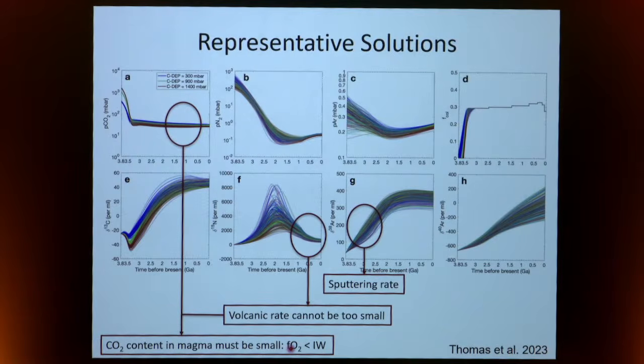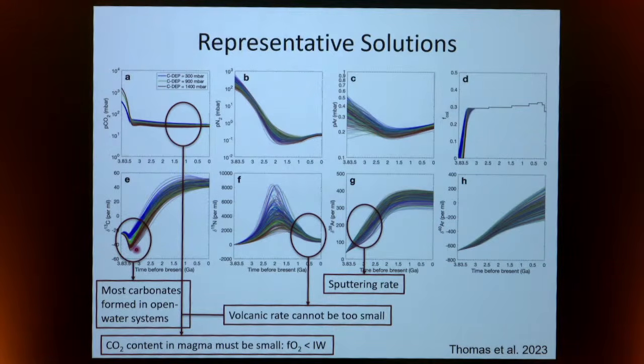And lastly, because there is very little that can happen for carbon in the past 2 billion years, most of the carbon's isotopic evolution has to happen quite early on. This balance with the rise of the delta 13C caused by sputtering has led us to indicate that most of the carbonate has to form in relatively open water systems, where the fractionation factor of the carbonate formation cannot be too large.